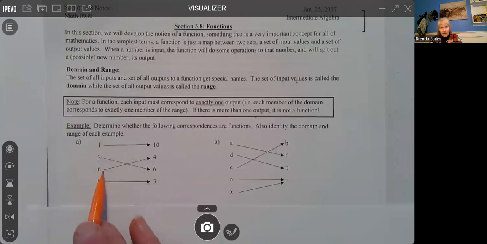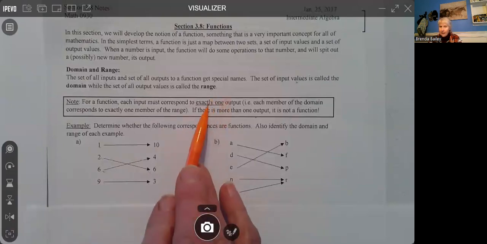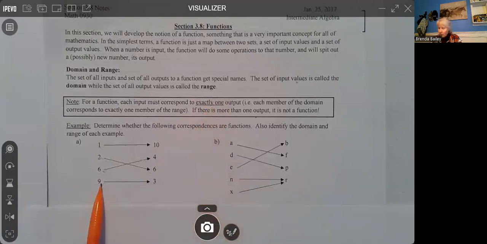The 6 maps into the function, and you get a 4, and then only a 4. So far it's a function because the 6 doesn't go to anything else, just the 4. And then the 9 just goes to a 3. That's what we mean by exactly one. So the 9 only goes to the 3.